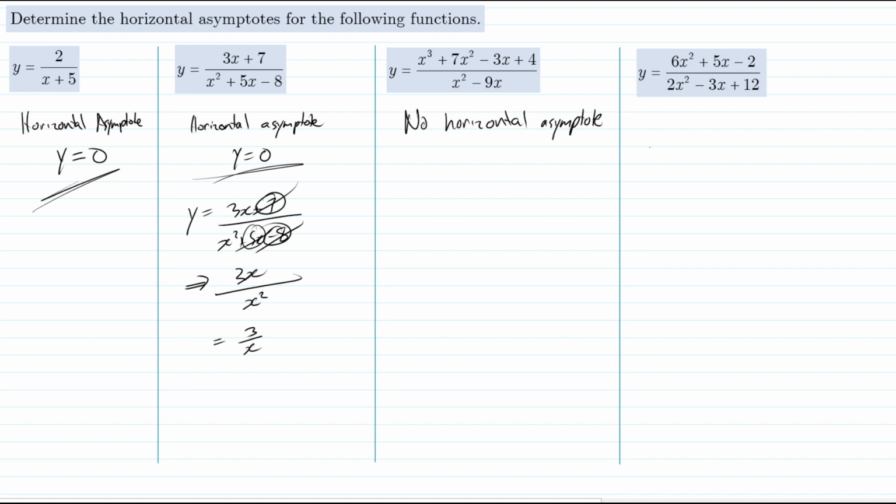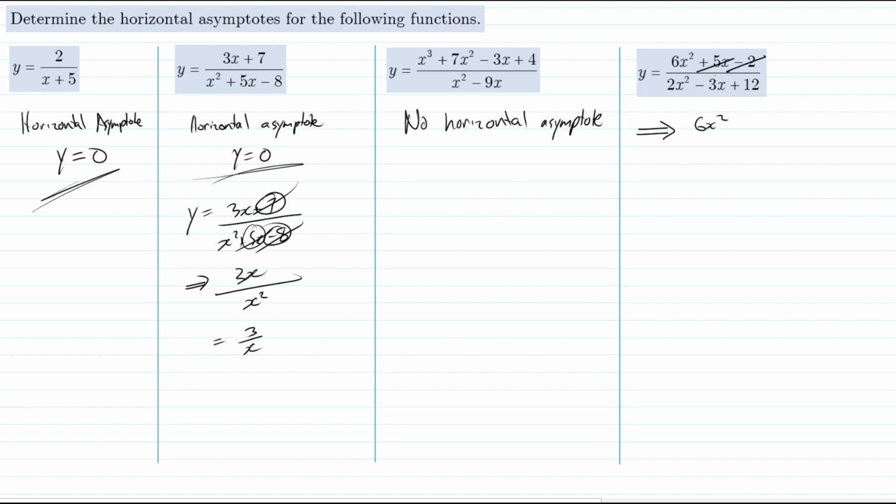Well, as x gets really, really big, we'll think about positives for now. You could also do this with negatives. Same idea applies. But for really big positives, after a while, the 5x and the minus 2 will pale in comparison to the size of 6x squared. It'll just look so much bigger that it'll make the other two terms look insignificant. So we could say that this approaches 6x squared.